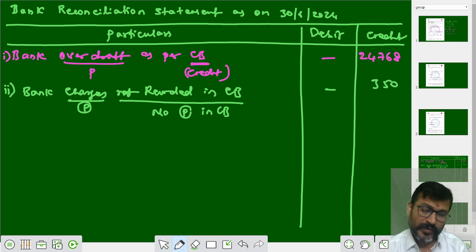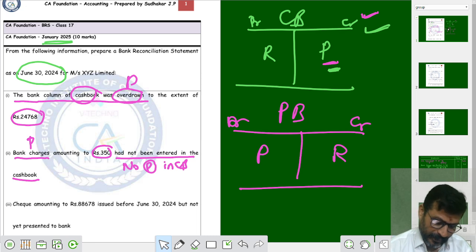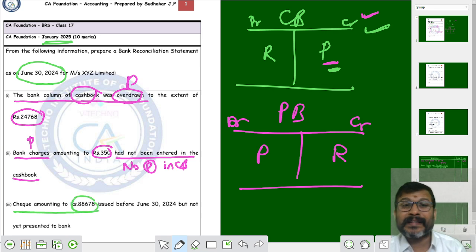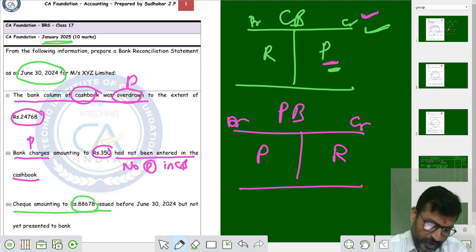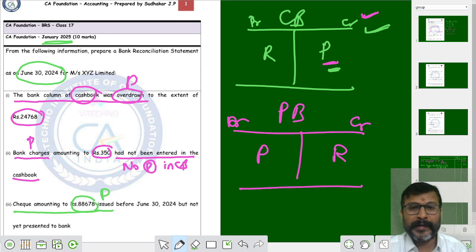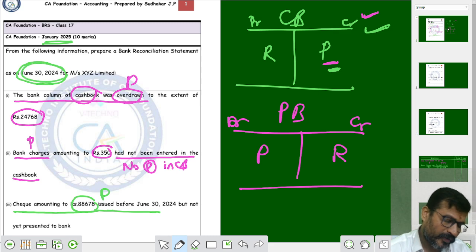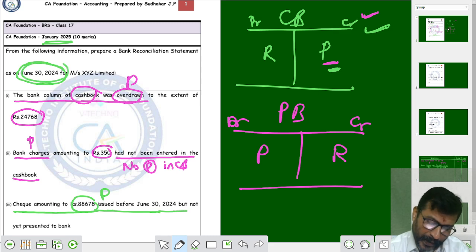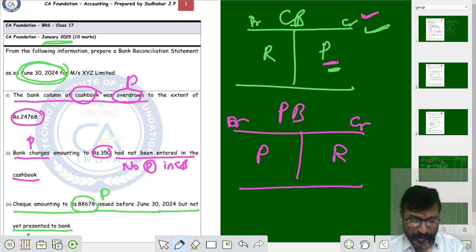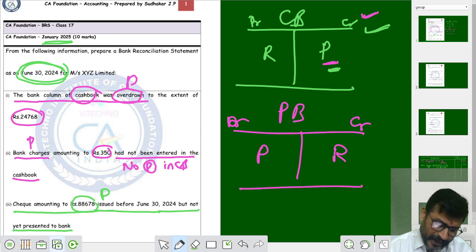See what happens in the next transaction in the problem. Checks amounting to rupees 88,678 issued means what? Payment. They were issued before 30th June, before closing our books of accounts, but had not yet been presented for payment to the bank.